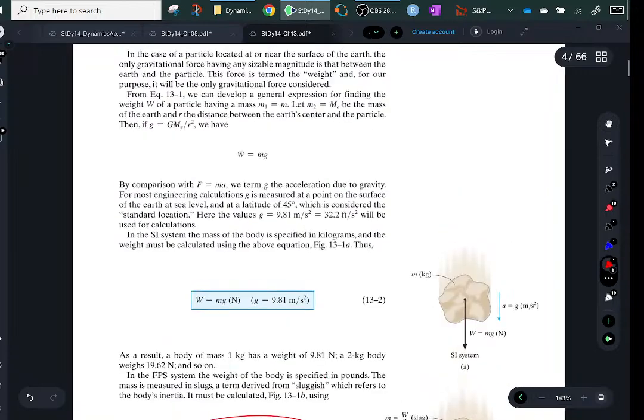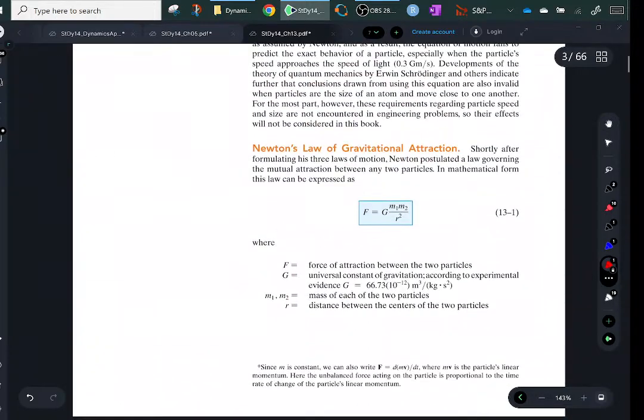What's interesting is, I don't know if anybody really ever calculates this, but if you put in the gravitational constant, the mass of the Earth, and then the radius of the Earth, not that it really matters, but they probably should have made you do this.